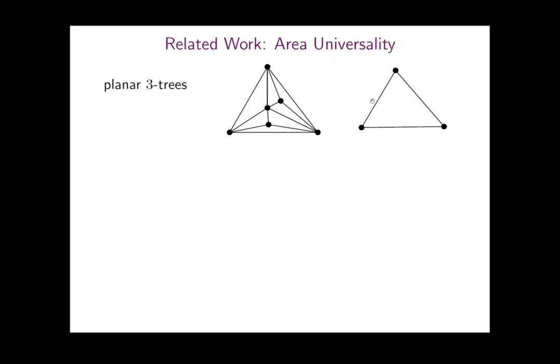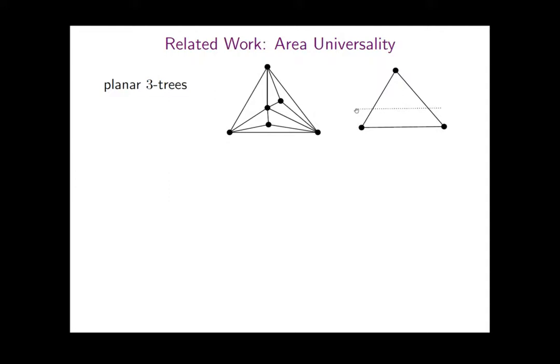Planar 3-trees are easily seen to be area universal. Imagine we have some area assignment. We already drew the outer triangle with the correct area, and now we have to inductively add this vertex. We don't know where to place it, but we know the areas of these 3 faces.